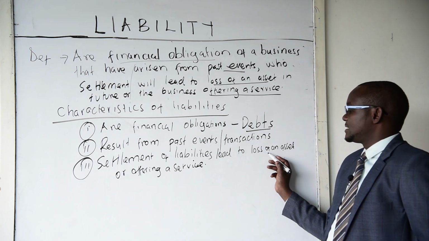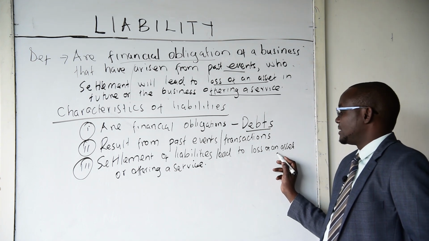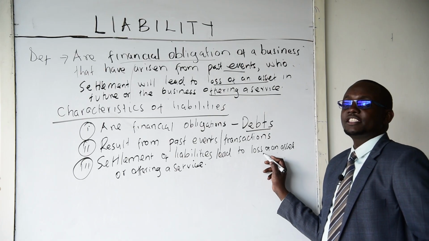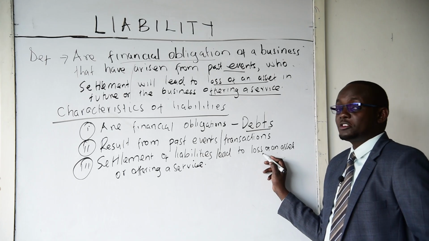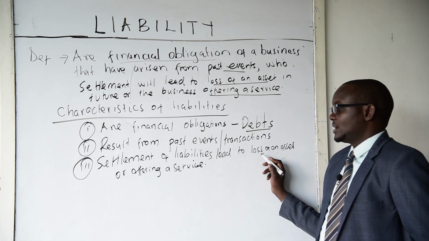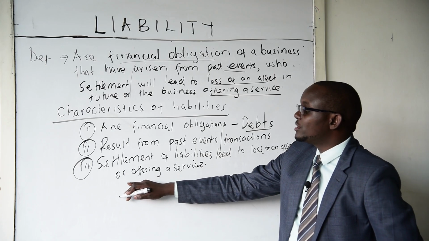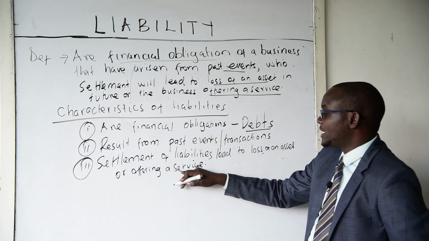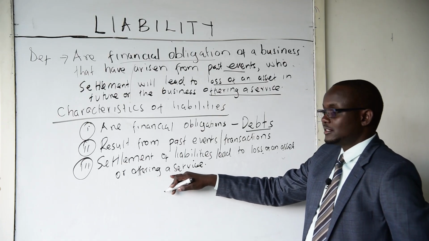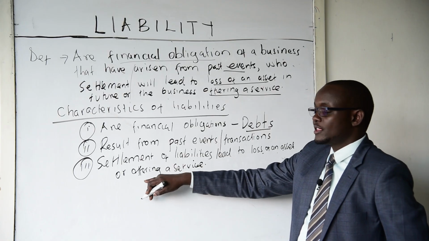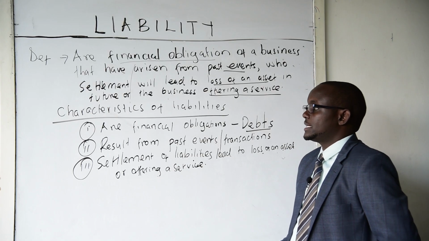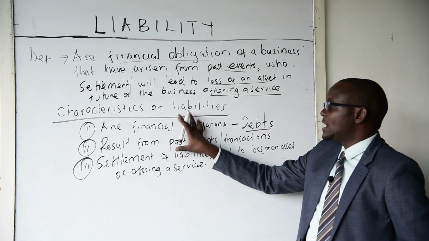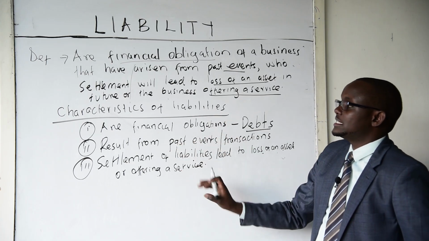If you have a debt of electricity bill, you will either lose cash in hand or cash at bank when you're trying to pay the debt. Sometimes you can also be told to offer a service so that you can fulfill or settle the debts. That's all about the characteristics of liabilities.